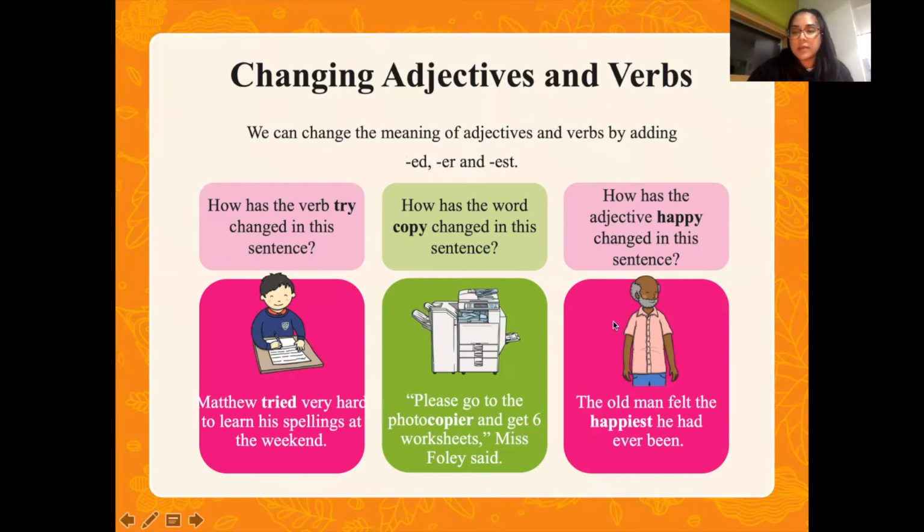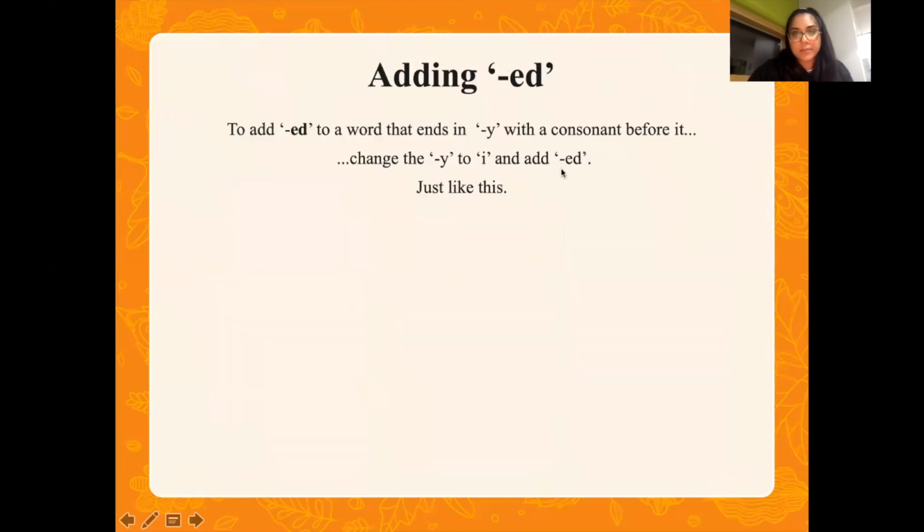And finally, with happy, the Y has also been taken off and replaced with an I, for then est to be added at the end as a suffix. Okay, so try to remember these rules. Every single time we add ed, er, and est to words ending in y, we take off the y, replace it with an I, and then add our suffix appropriately.